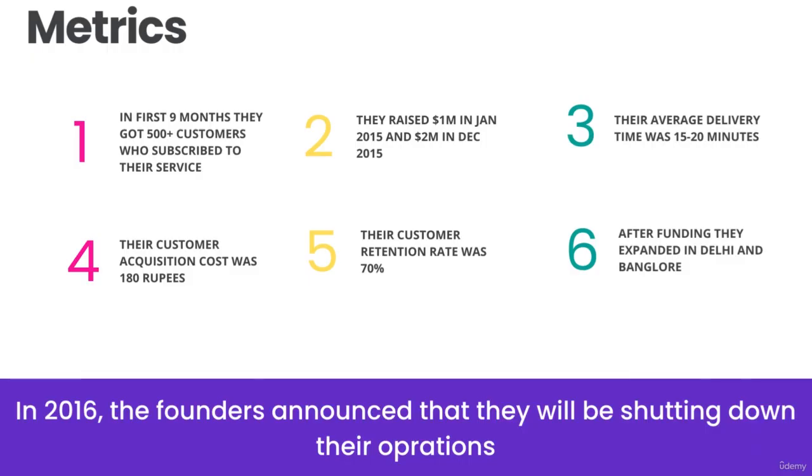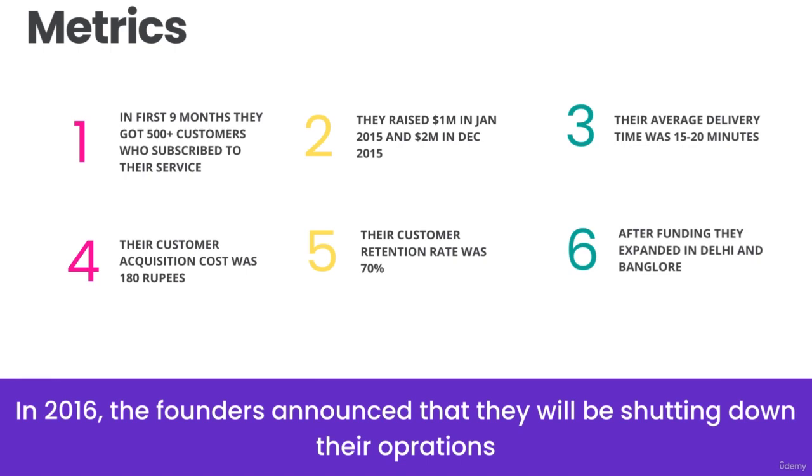In the first 9 months of operation, Yummist got 500 customers, which were paying customers that subscribed to their service. Now this is a good achievement. This shows that they were solving a genuine problem, and people were willing to pay for it.